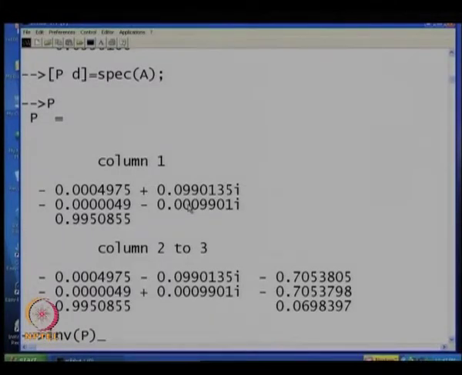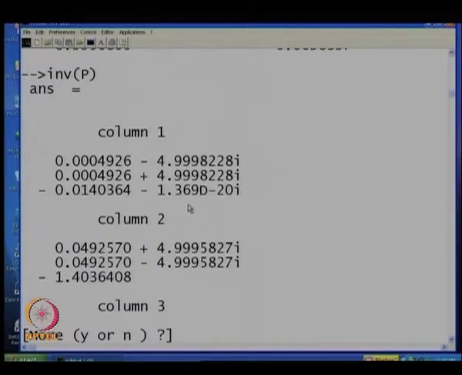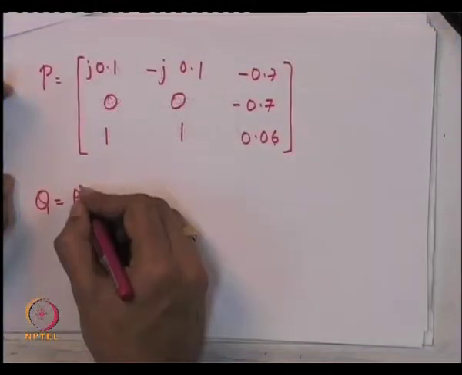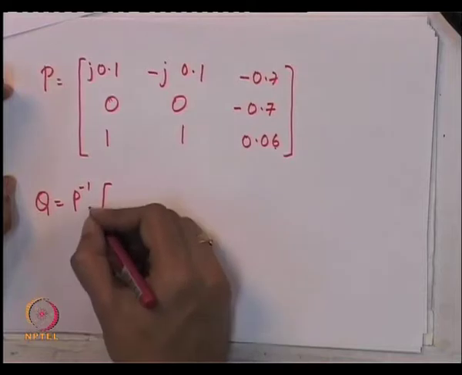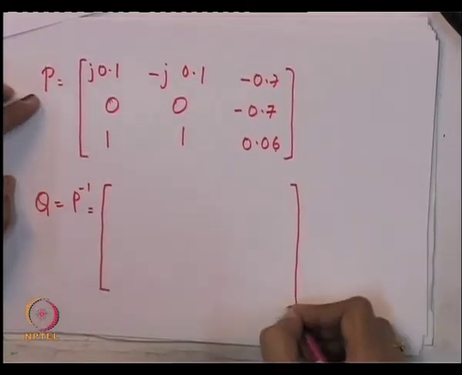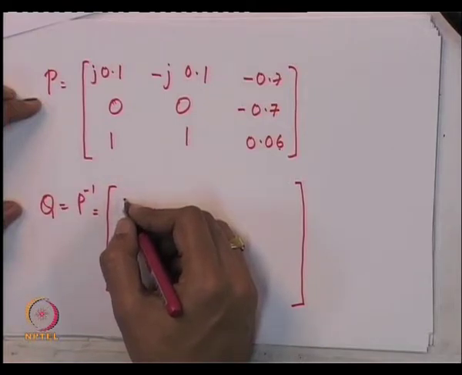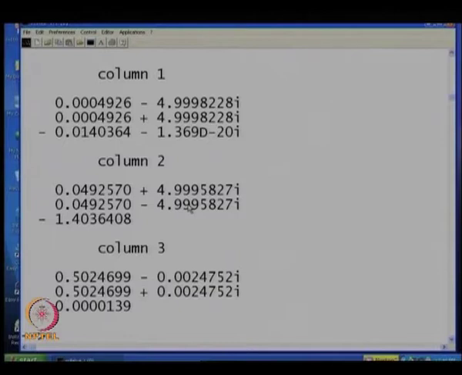P inverse is what we called Q. So, if you look at Q, which is nothing but P inverse, I will just write it down roughly, while you can note it down also.